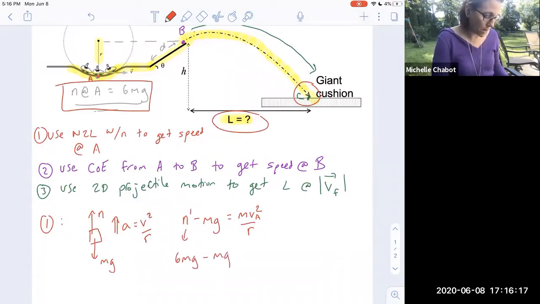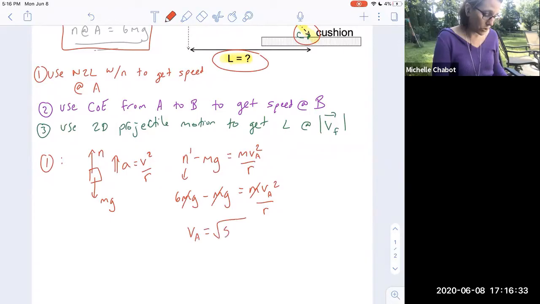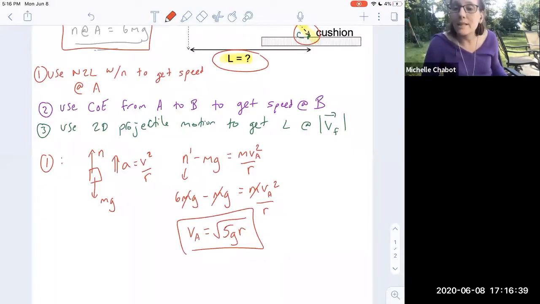So 6 mg minus mg equals m v_A squared over r. What that allows us to do is cancel out our m's. We end up with 5 g times r. So the speed at A is equal to the square root of 5gr. I'm going to box this as an intermediate step.